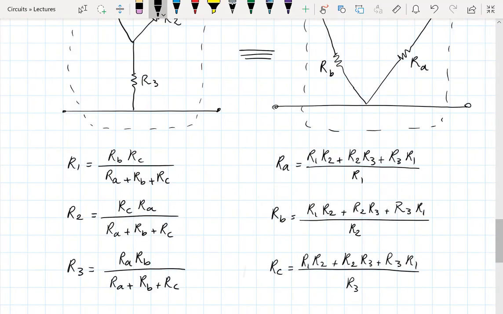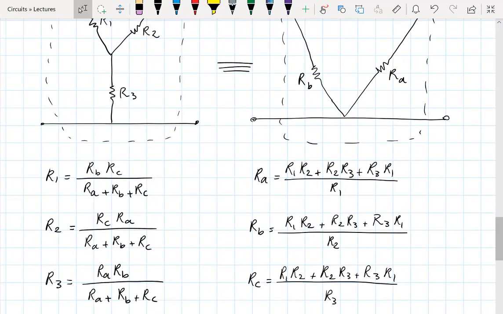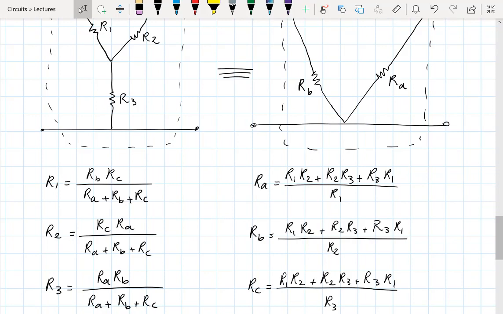I hope you recognize the patterns in these formulas. So if you wanted to memorize them, it wouldn't be that difficult, but you don't have to.